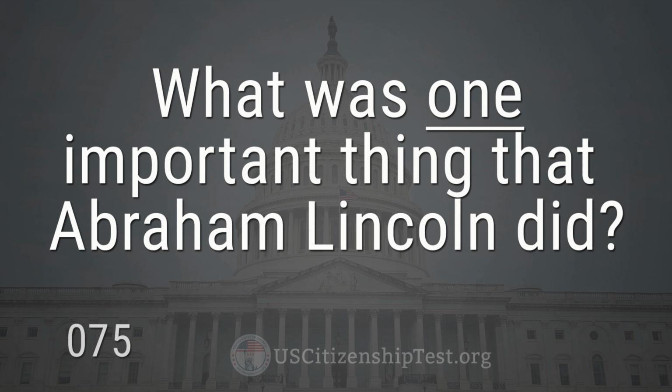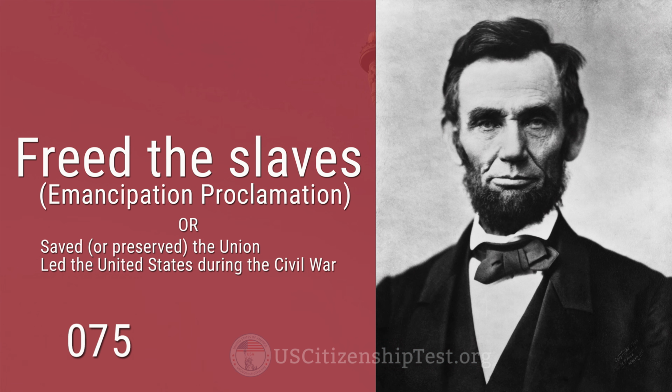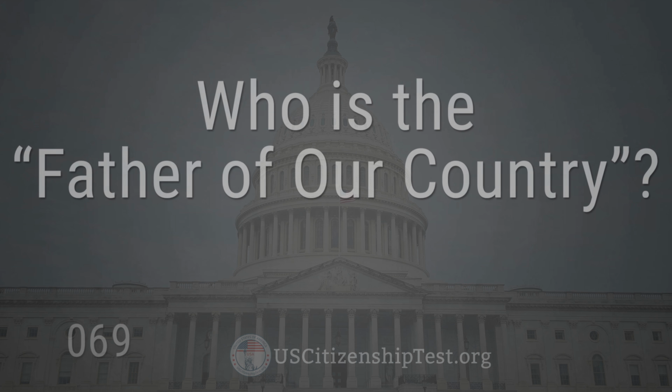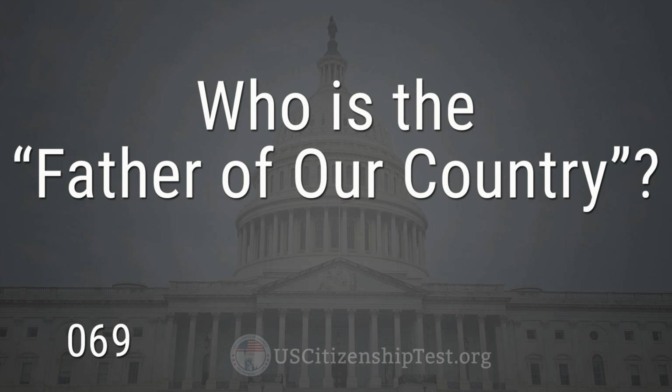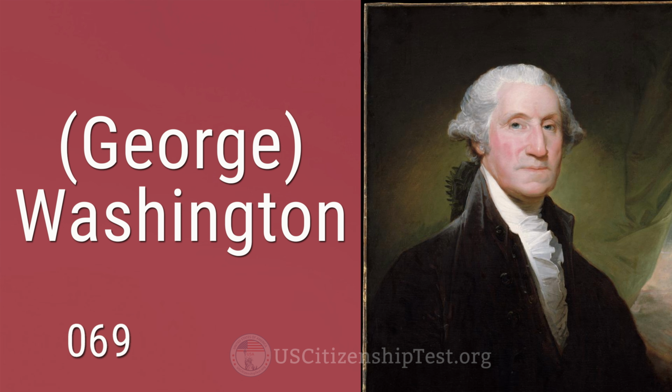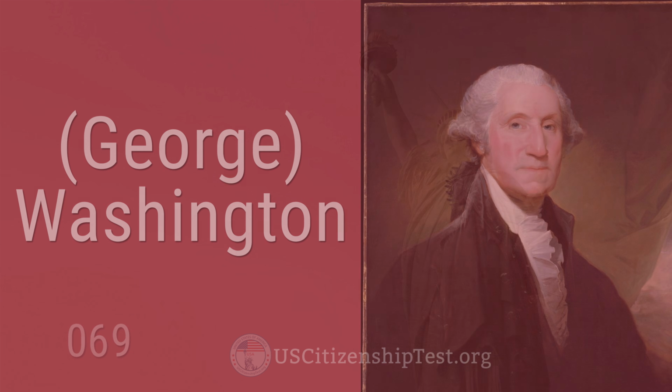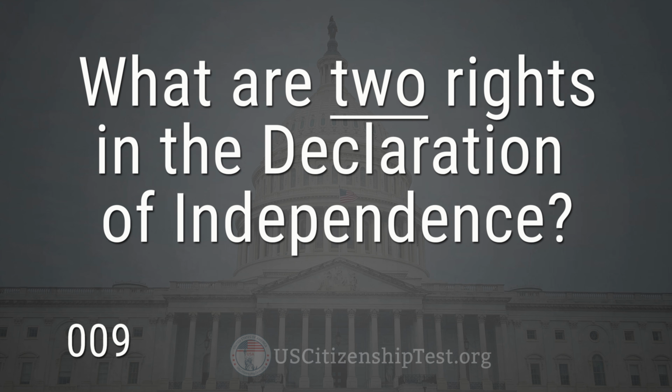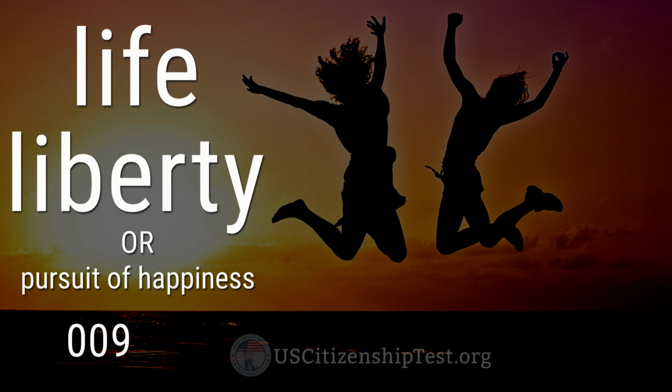What was one important thing that Abraham Lincoln did? Freed the slaves. Who is the father of our country? George Washington. What are 2 rights in the Declaration of Independence? Life, liberty.